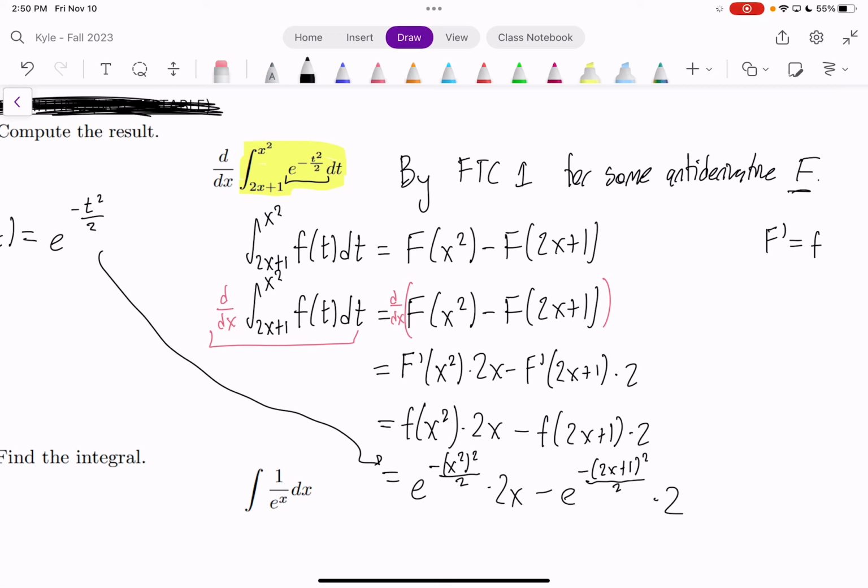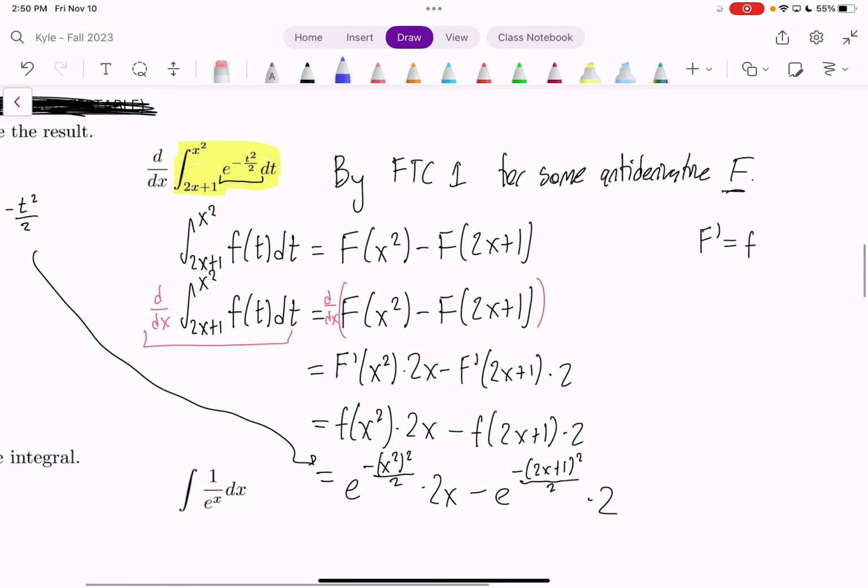We'll just call it big F, and then what ends up happening is when we take the derivative, it ends up simplifying out. So we called our integral big F. We used the fundamental theorem, so this is by fundamental theorem part 1, which gave us this. Then we took the derivative of both sides with respect to x.